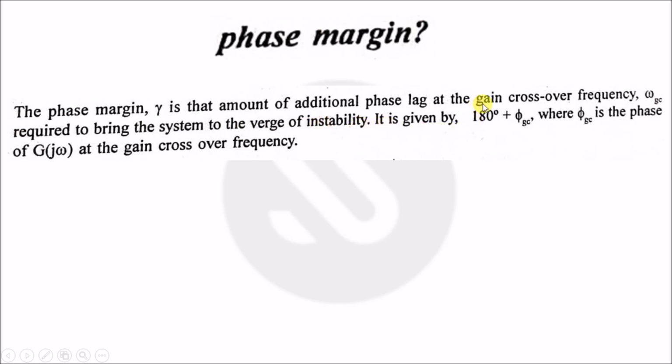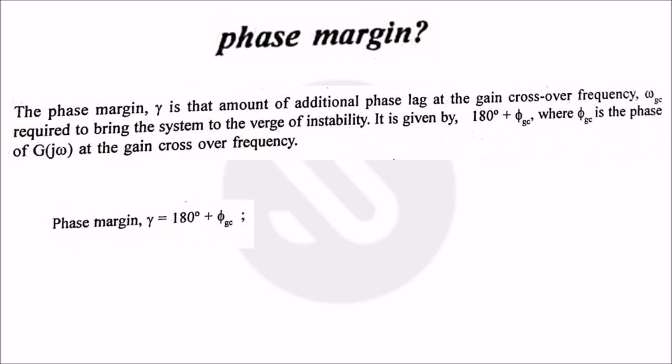So it is given by 180 degree plus phi gc. Okay, we need to find out the phi gc. What is the phi value at omega gc? That means what is the phase at omega gc? That means at gain crossover frequency, what is the angle or what is the phase? Where phi gc is the phase of G of j omega at gain crossover frequency.